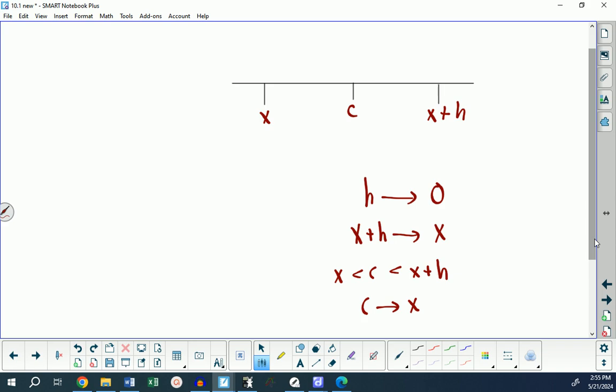If c is approaching x, it's because h is approaching 0, and x plus h is getting closer to x. This is called the sandwich theorem or the squeeze theorem. And there's kind of an algebraic approach, but in high school I would rather just leave it in words.